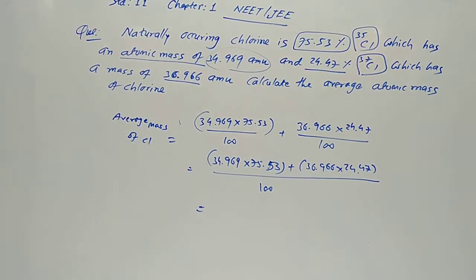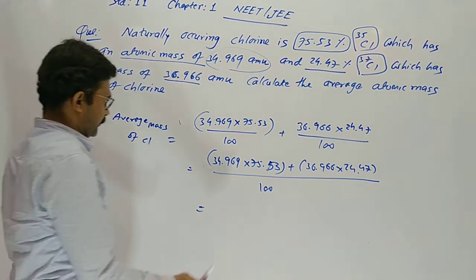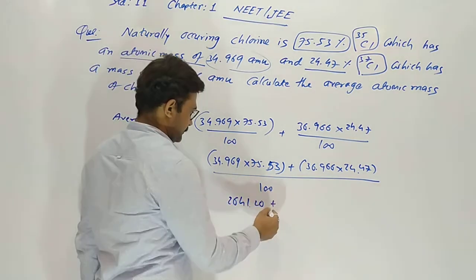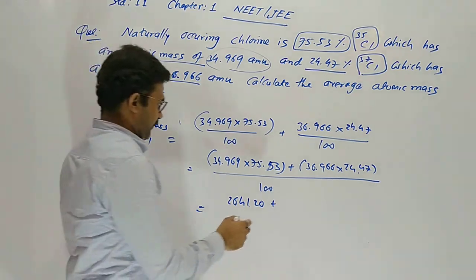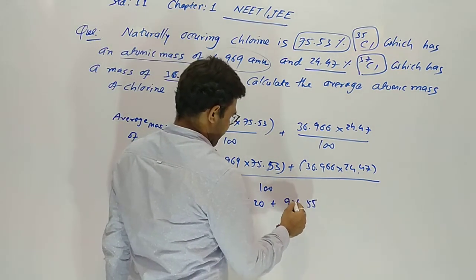So when we multiply 34.969 into 75.53, it gives 2641.20, and 36.966 into 24.47 gives 904.55.